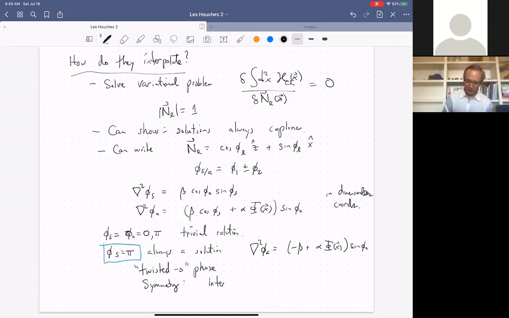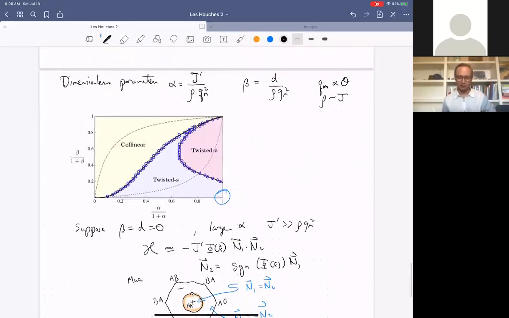That is, if we interchange the 2 layers, so reflect in the plane z to minus z, and do a C2 rotation around the y-axis, that is a pi rotation in spin space around the y-axis, which takes nz to minus nz, this pattern is preserved. So that, if we go back here, that corresponds to this whole region here, and in particular the entire region of the horizontal axis here where there's no anisotropy is described by this twisted S phase.